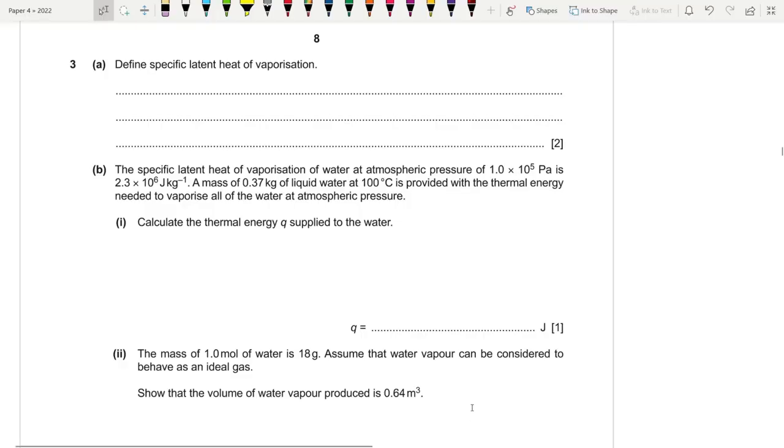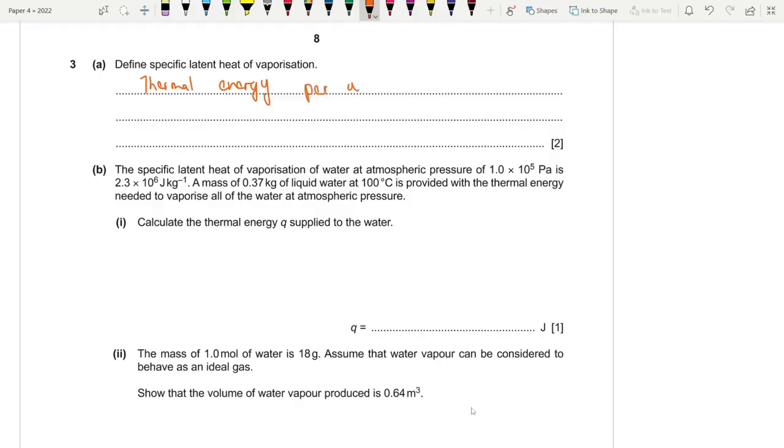For 3, we have define specific latent heat of vaporization. So what is this? This is mainly the thermal energy required to change the state per unit mass, or of 1 kg, between liquid and gas.